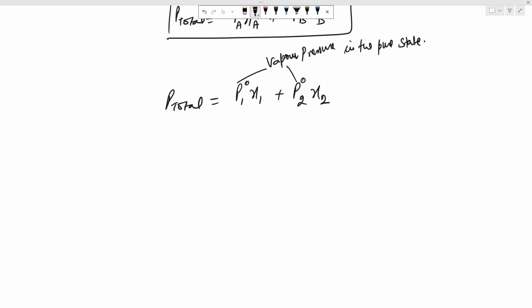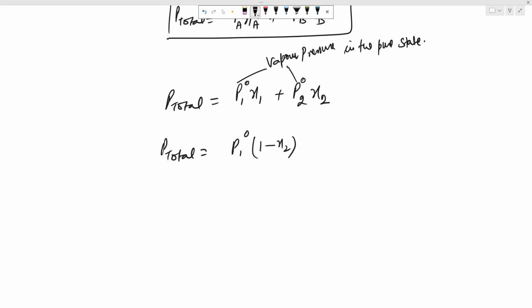Now the P total can be written as, what are P1 naught and P2 naught? So you can write P1 naught, and X1 you can write as 1 minus X2. Can you write it this way? Yes, sir.